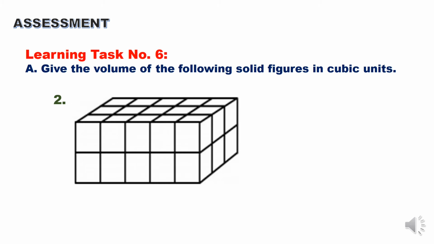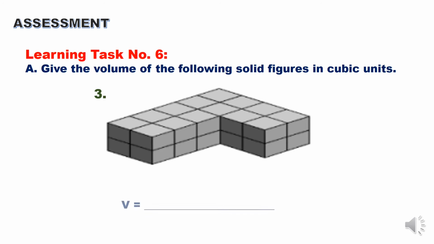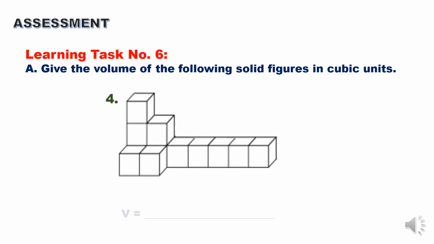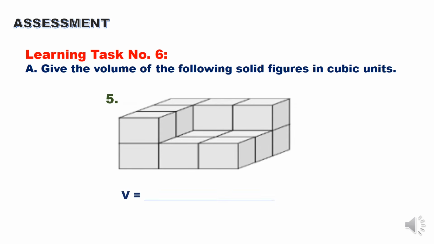Number 2, since this is a rectangular prism, the formula is length times width times height. The length is 5, the width is 3, and the height is 2 units. So the volume is 30 cubic units. How about number 3? Number 4 and number 5.